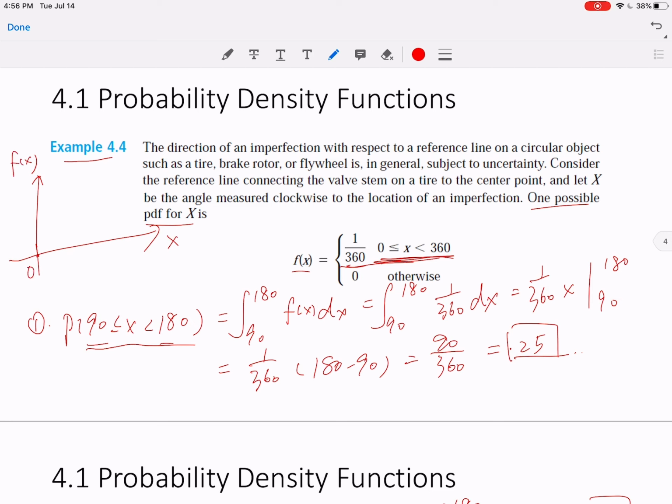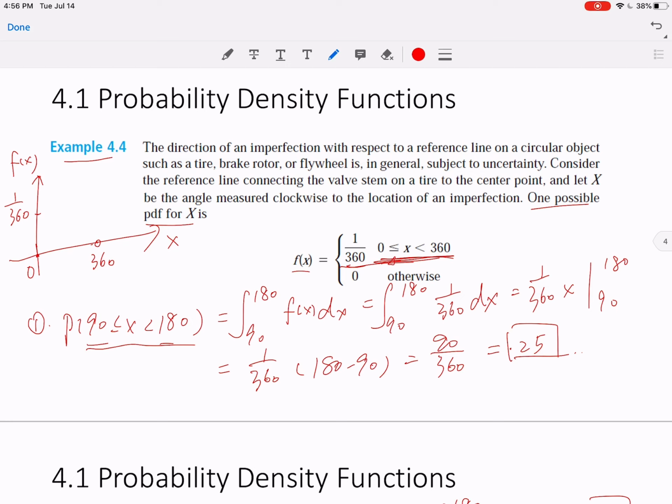And 0 here and 360. We use the open circle for 360 because we don't have the equal sign, and we need a solid point for the 0 because we have an equal sign for 0 here. And then we know f of x is a constant number, which is 1 over 360. Let's see, this is somewhere over here, 1 over 360.